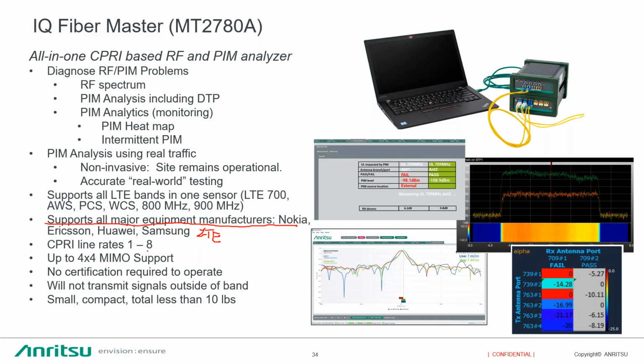We can go up to line rate 8, which is 10.1 gigabits per second. It's got the ability to look at multiple downlinks, so we can do 4x4 MIMO support handily, which is a big deal when you start to talk about multiple transmissions in the same frequency.